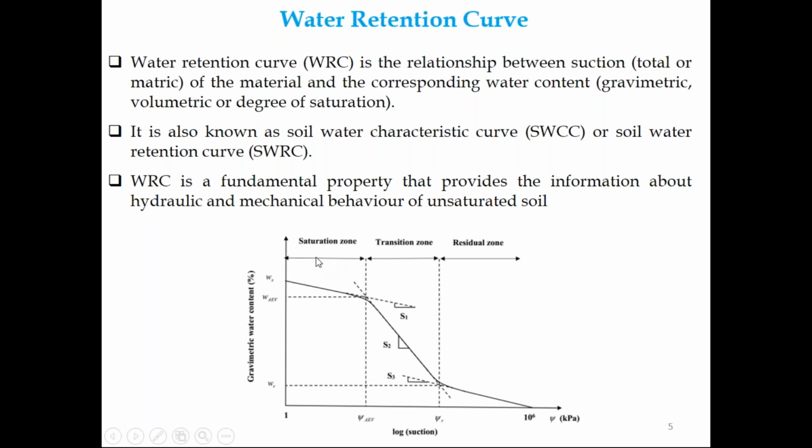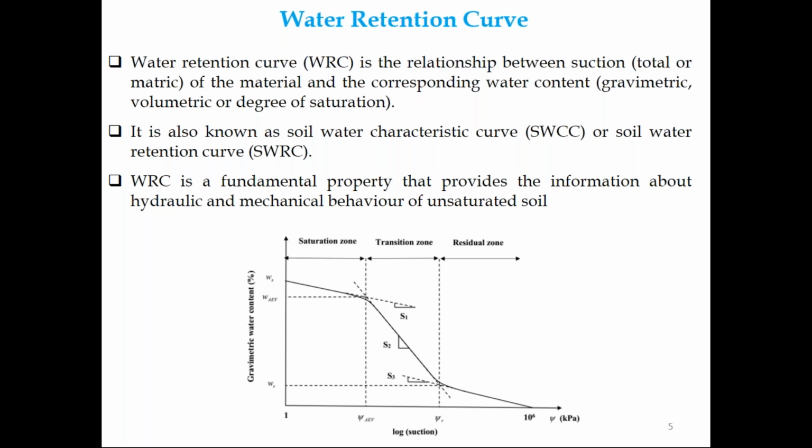It consists of three zones: saturation zone, transition zone, and residual zone. In the saturation zone, the soil is always in saturated condition. Saturated condition means there is no air in the soil. As the suction increases beyond the air entry value, desaturation occurs.